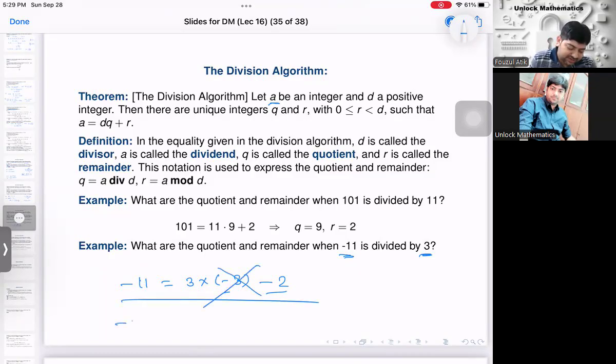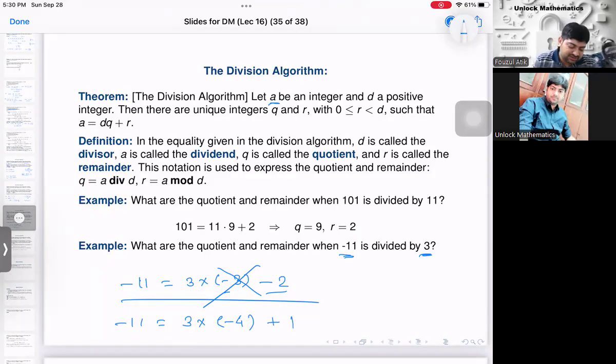What you should write, you adjust the quotient in such a way that you get the remainder as positive. You will say minus 11 is equal to 3 times minus 4. So what is the value? Minus 12. But you have to get minus 11. So you will say minus 12 plus 1. So you get minus 11.